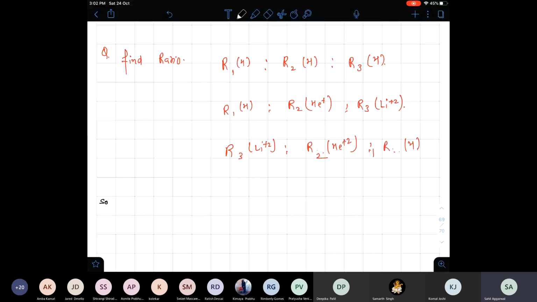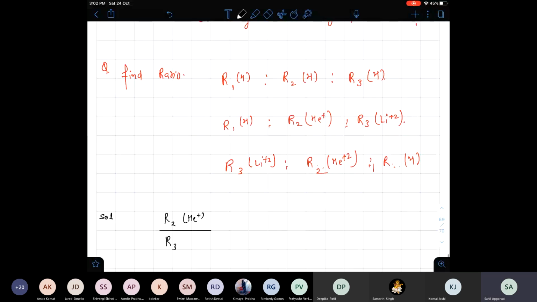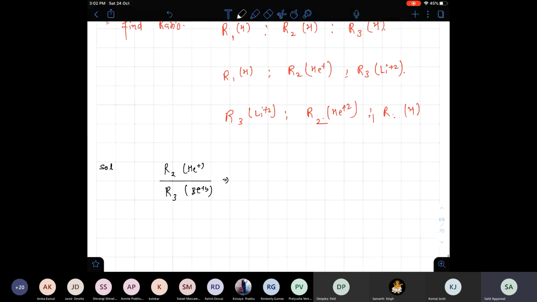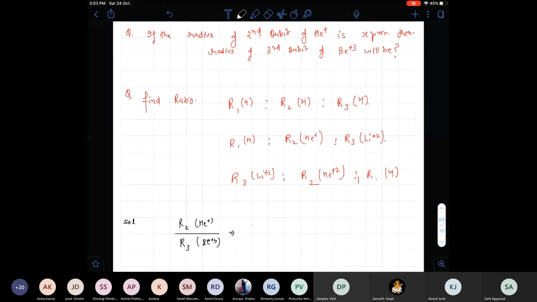Solution. Radius of second orbit for helium divided by radius of third orbit of beryllium. N square by Z, N square, N square, Z, Z. So this will come out to be 8 by 9.